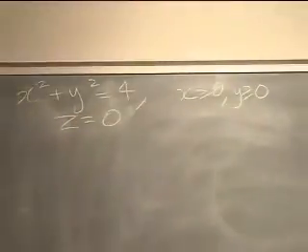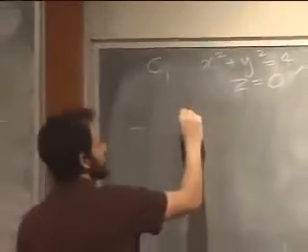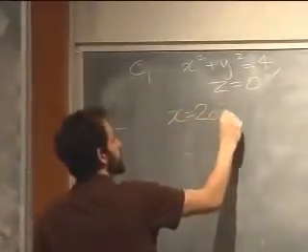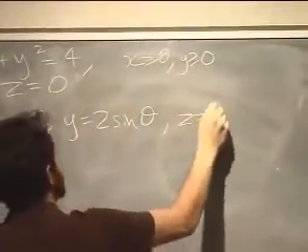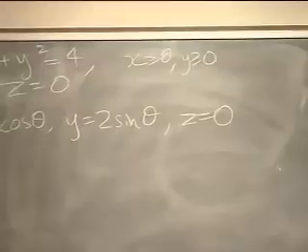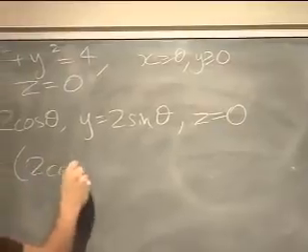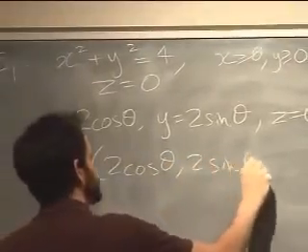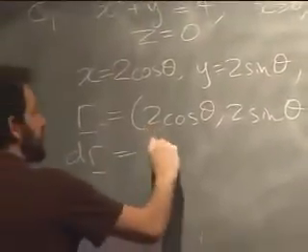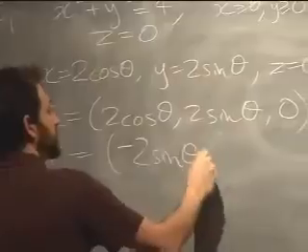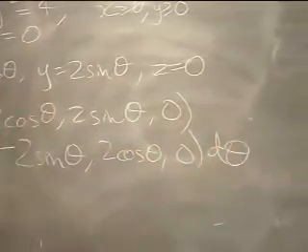So how do we parameterize this in 3 dimensions? Well, the easiest is to use polar coordinates. So I'm going to set x equals 2 cosine theta, y equals 2 sine theta, and z equals 0. It's a curve in space, so it needs a z coordinate even if it's 0. In other words, r is 2 cosine theta, 2 sine theta, 0. dr is therefore minus 2 sine theta, 2 cosine theta, 0 d theta. So I just differentiate.